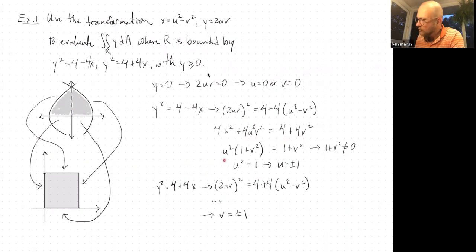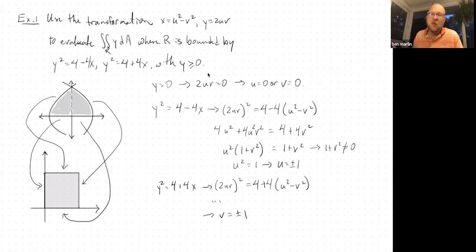But now u squared times 1 plus v squared equals 1 plus v squared. So since we know 1 plus v squared can't be 0, if it was, v would have to be an imaginary number. And we don't mess with those in this class, all right? But since we know that that's not 0, we can divide it out. And so u squared is 1, so u is either plus 1 or minus 1.